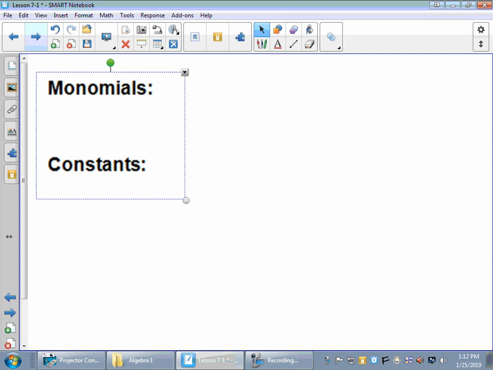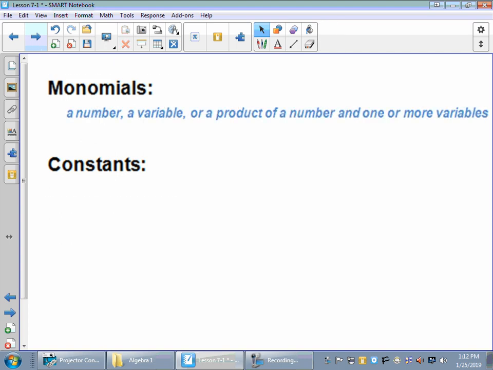So real quickly what these are. A monomial is a number or a variable or a product of a number and one or more variables. Okay, notice there's not any addition, subtraction, or division listed there. It's a product. Either it's simply by itself or a product. So say like x to the 6th power, that would be an example of a monomial.